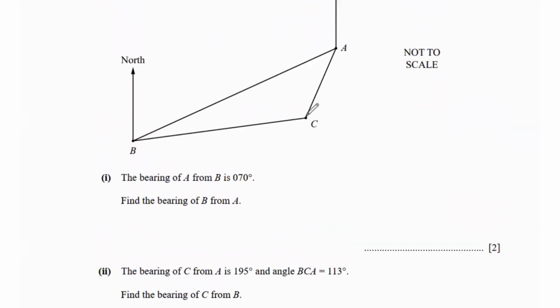So the bearing of C from A is 195. Angle BCA is 130. Find the bearing of C from B. This is what they're asking us to find.